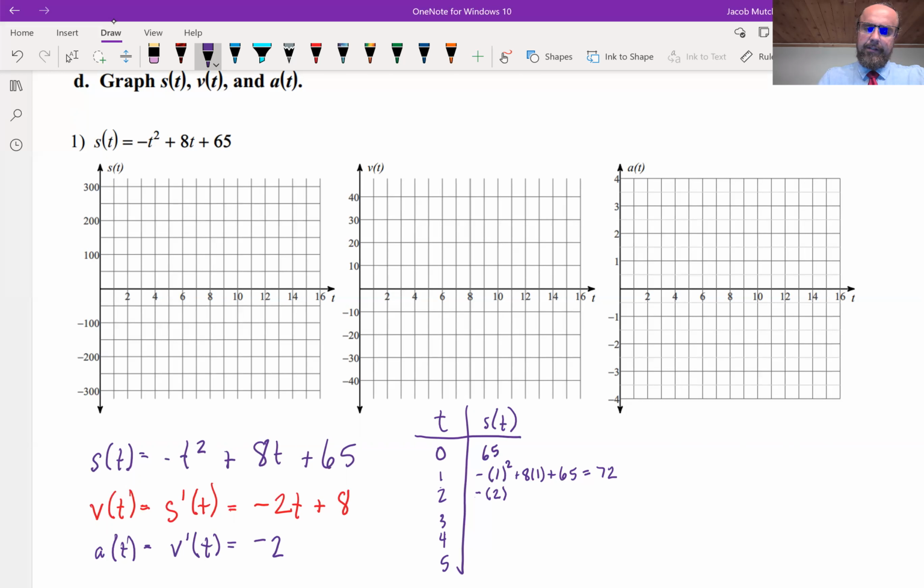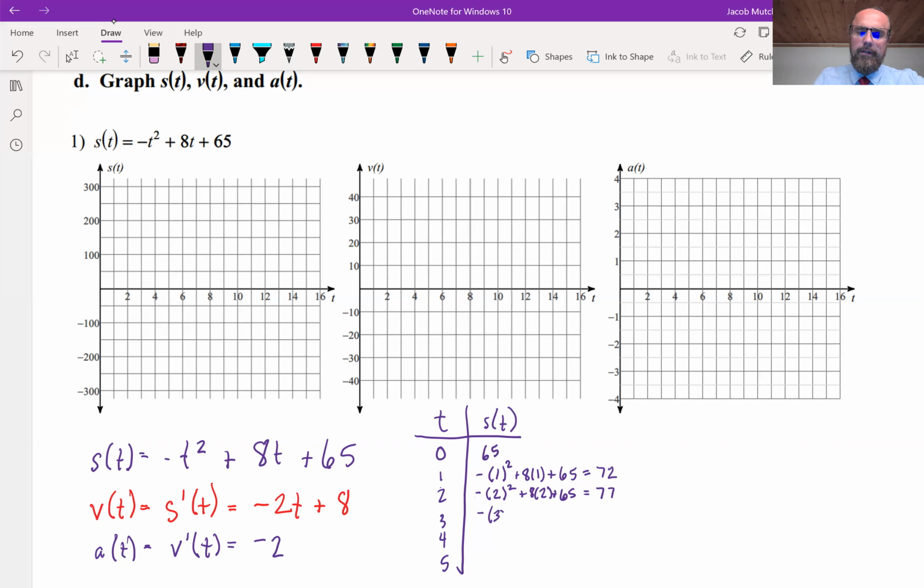Keep on going. At positive 2, that's negative 2 squared plus 8 times 2 plus 65. So we'll write that sum here. That's negative 4 plus 16. So that would amount to 12 plus 65. And that's going to give us 77. Calculate with 3.